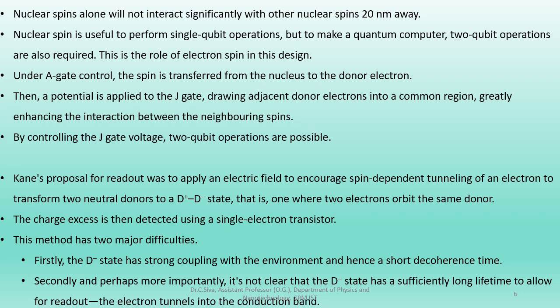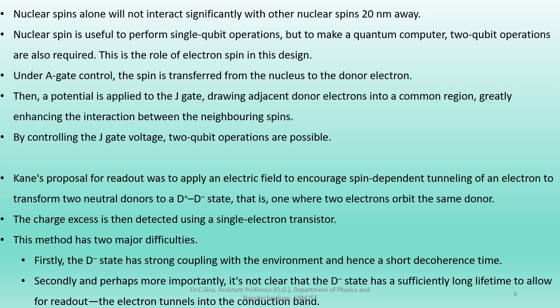Now, how does this interaction happen, and how do we read out from the Kane model? This final slide explains how qubits interact and how computation results are read. Nuclear spins do not naturally interact over 20 nanometer distances, so electron spins are used as mediators.